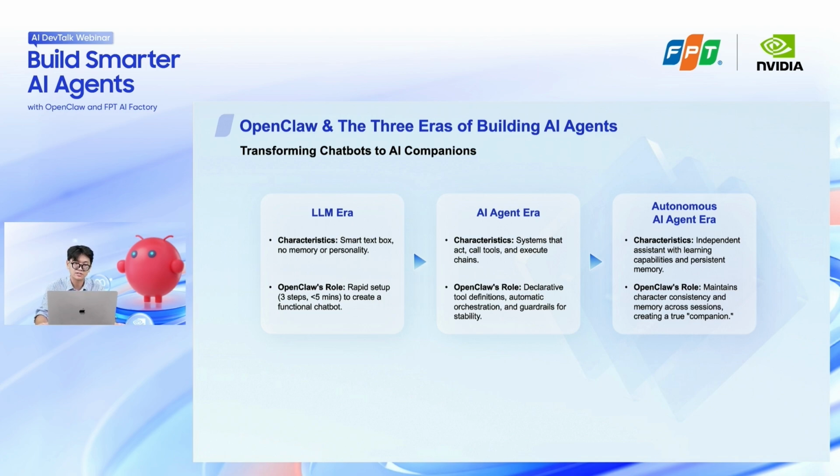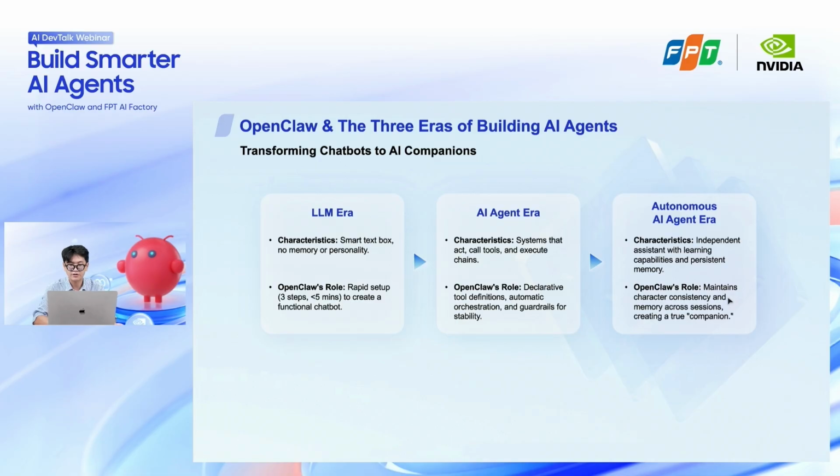That's not an agent. The second one, the AI agent era, is where your system doesn't just answer, it acts. It calls tools, it reads your calendar, it sends emails, and it chains multiple steps together. This might be what most people mean when they say AI agent today.